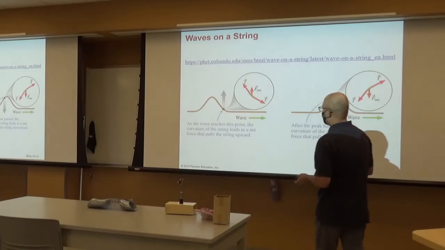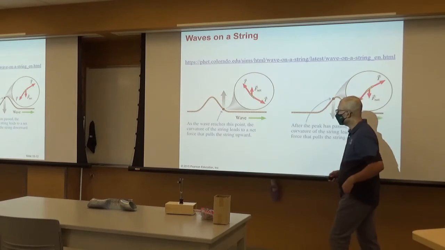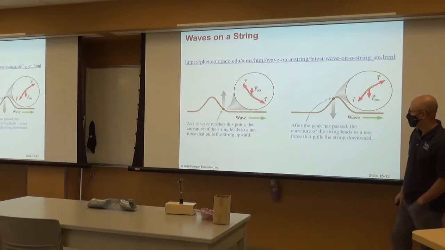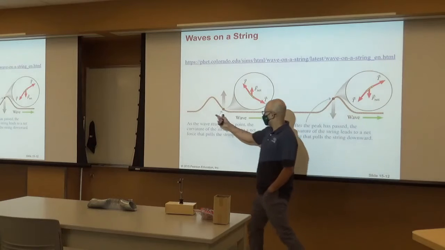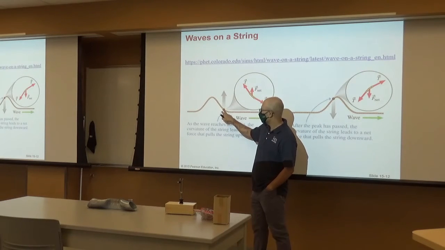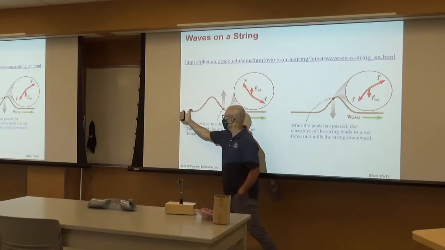So again, when you produce the wave, there are two types of tension. One is upward, one is downward. One thing you need to keep in mind is when the wave is hitting a particle in the medium, and the wave is approaching the particle, going this way.